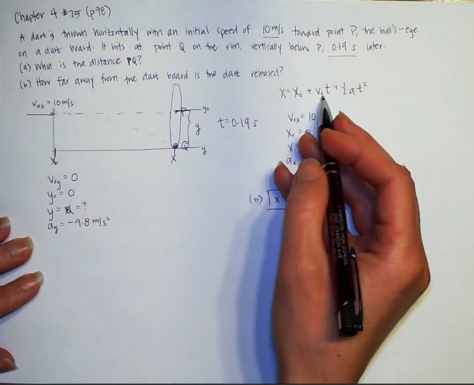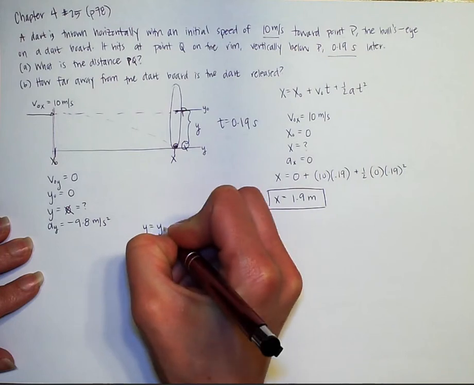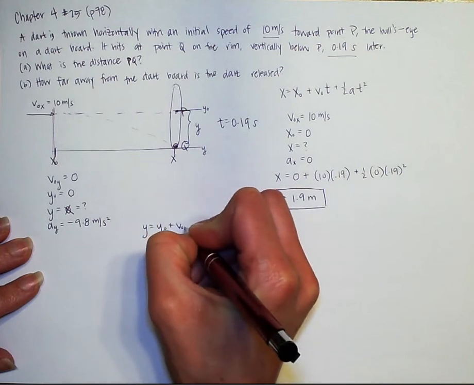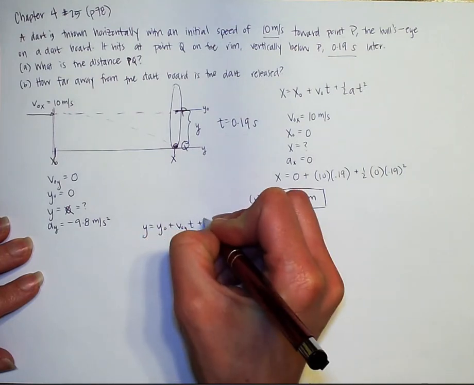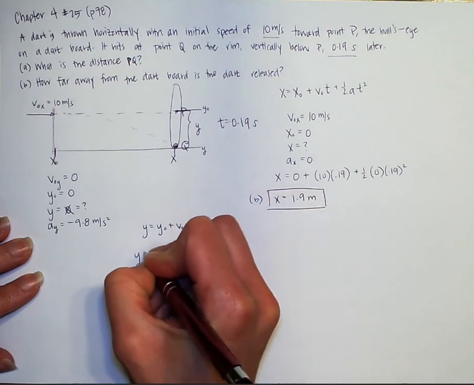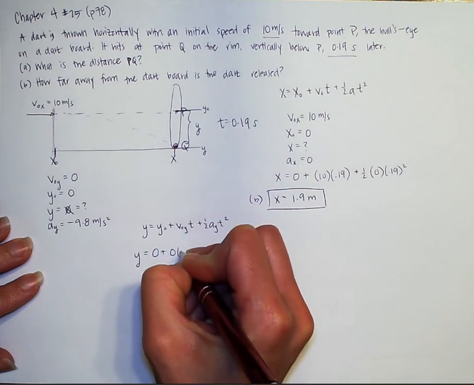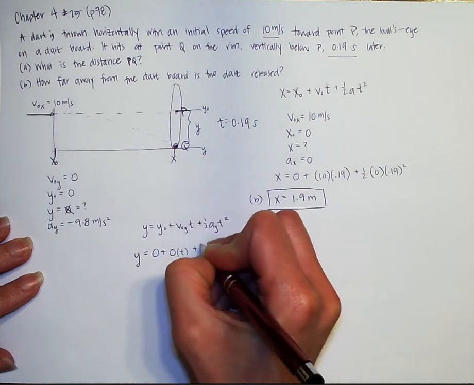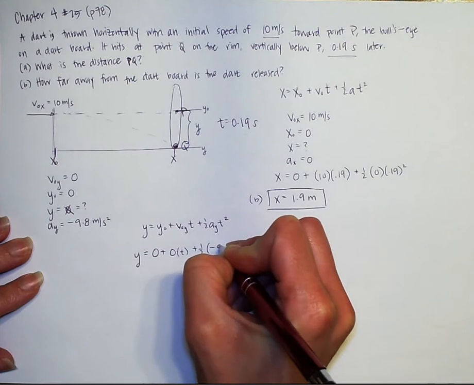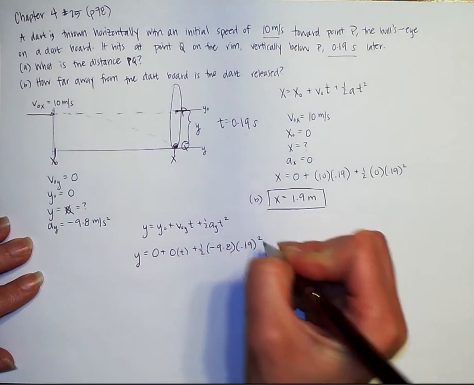So instead of saying x equals x naught plus v naught t plus 1/2 a t squared, we will have y equals y naught plus v naught y t plus 1/2 a y t squared. So y equals 0, plus 0 times our time, plus 1/2 times negative 9.8 times 0.19 squared.